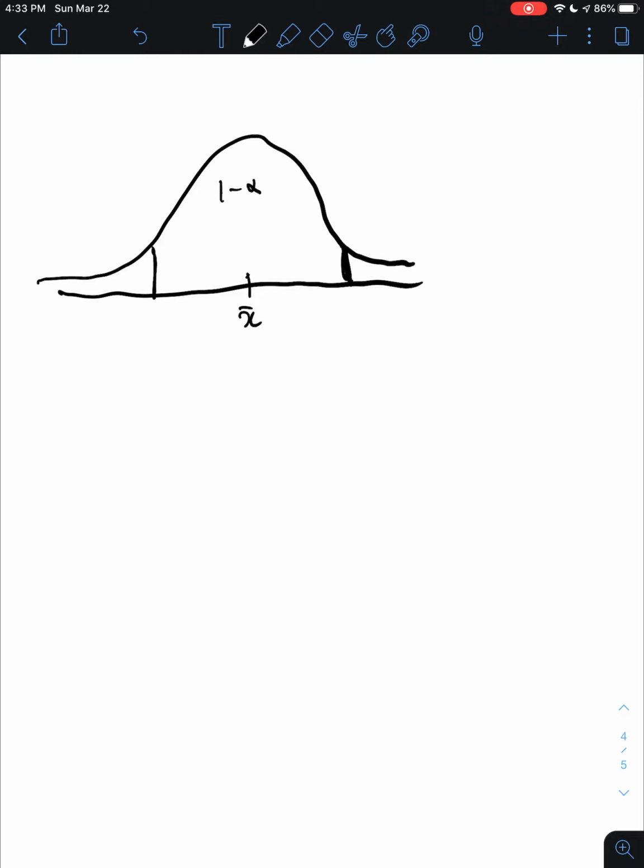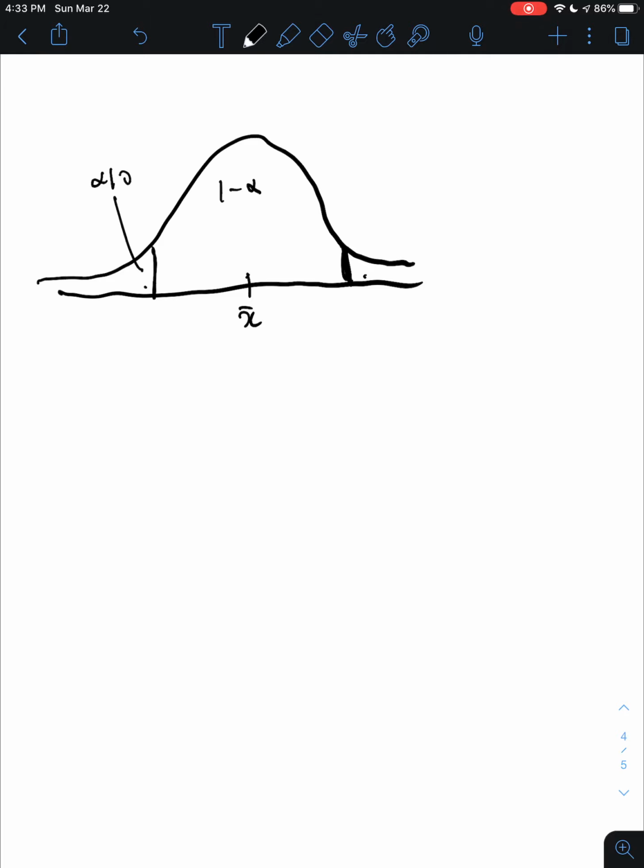And this was 95% of the time. 95% of the time, mu was in here. But now we're allowing this to vary. So instead of 95, I'm just going to make it 1 minus alpha. And so that means that there's a total of alpha percent in these two tails.